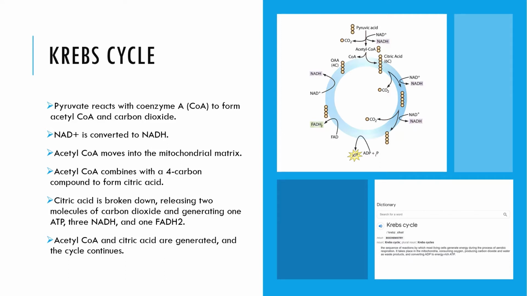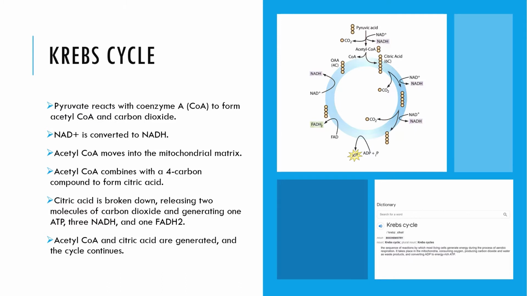So we get this acetyl-CoA enzyme that is made up of 2 carbons. Acetyl-CoA moves into the mitochondrial matrix, and then acetyl-CoA combines with a 4-carbon compound to form citric acid. So 2 plus 4 makes that 6-carbon citric acid.